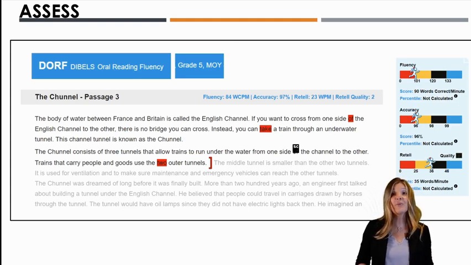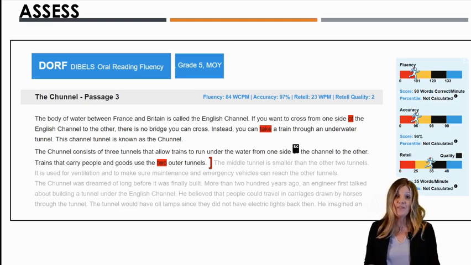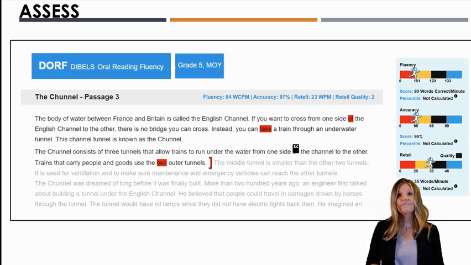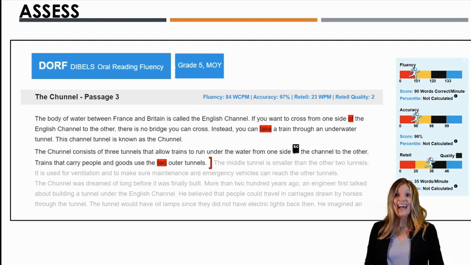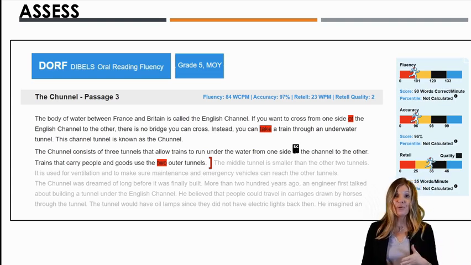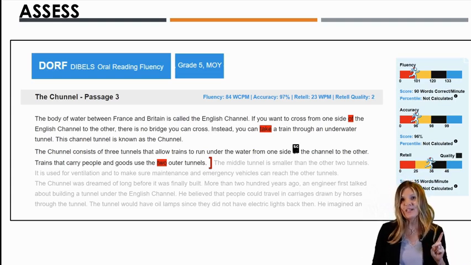Let's take a look at another one. This is a middle of the year 5th grade student. What would your strategy be for this student? This student, accuracy is approaching yellow, fluency is approaching yellow, and comprehension is approaching green. But take a look for a second.